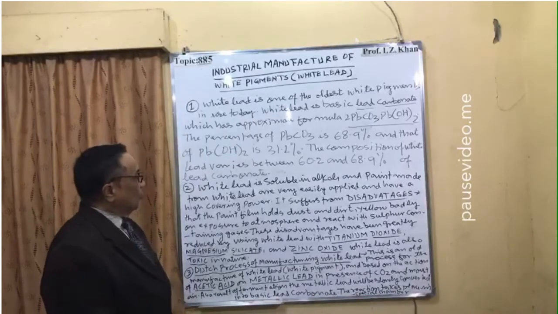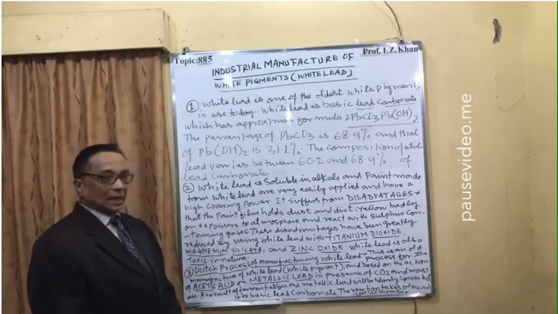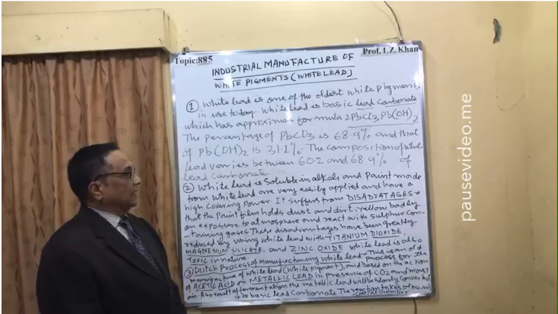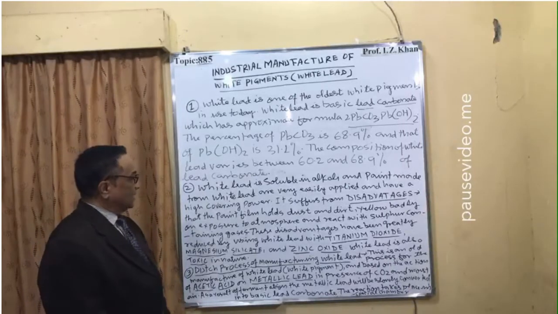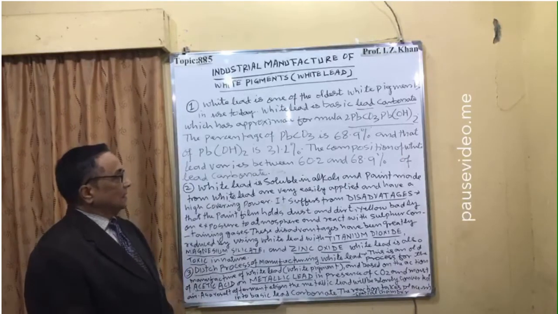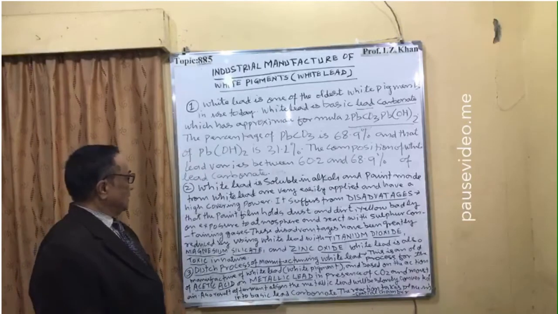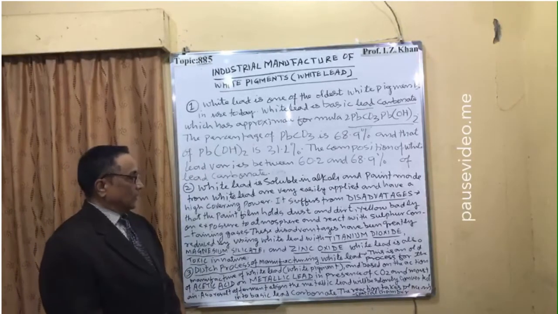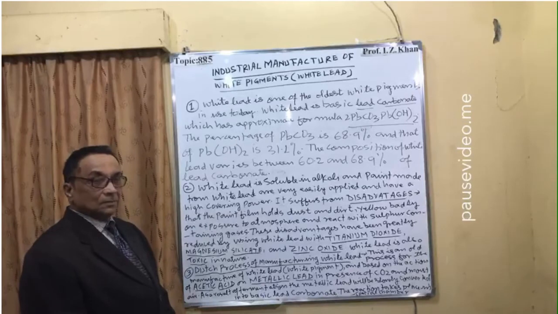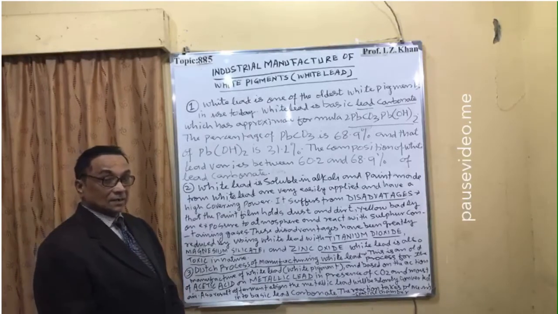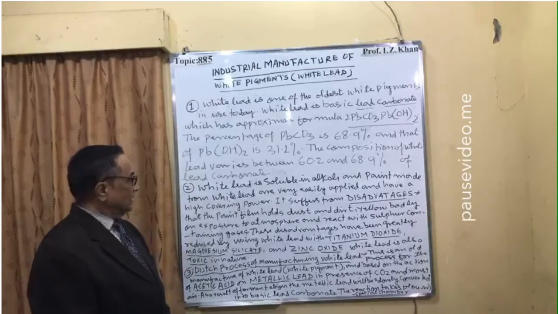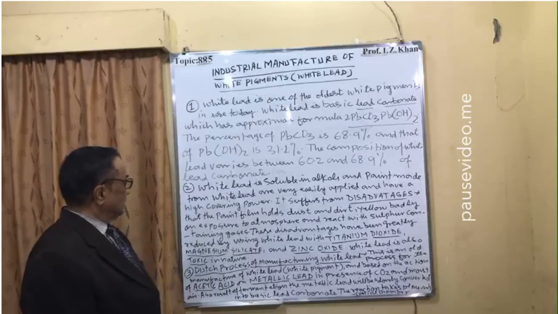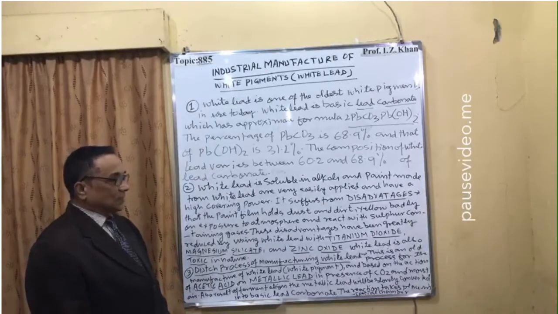Number two, white lead is soluble in alkali, and paints made from white lead are very easily applied and have a high covering power. It suffers from some disadvantages, that is very important to know. The paint film holds dust and dirt.